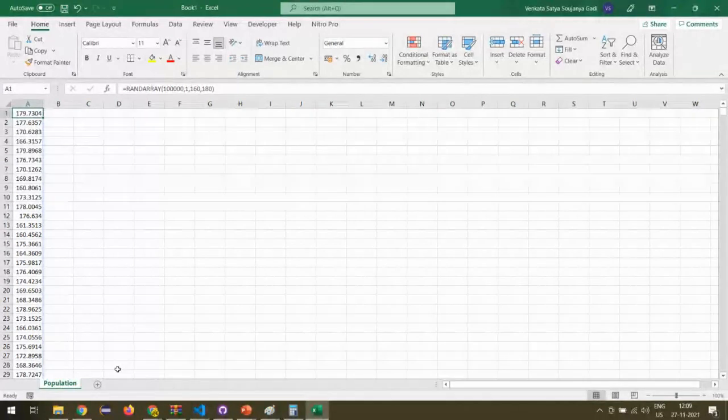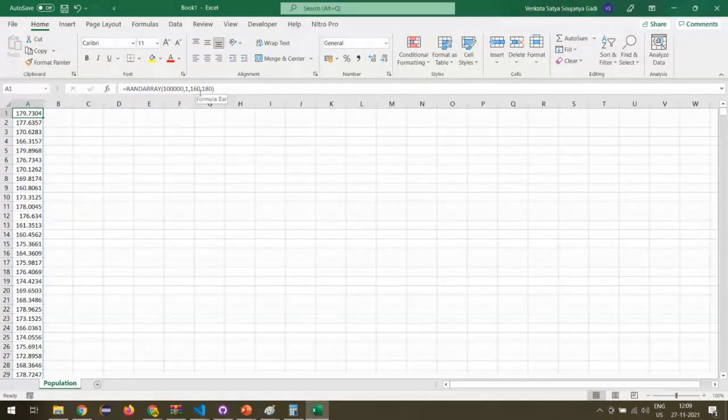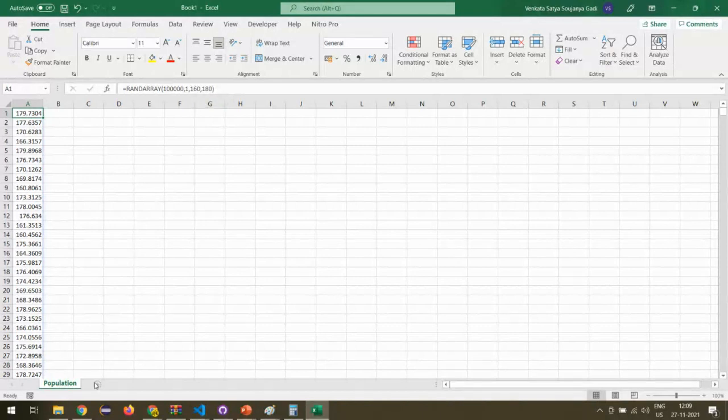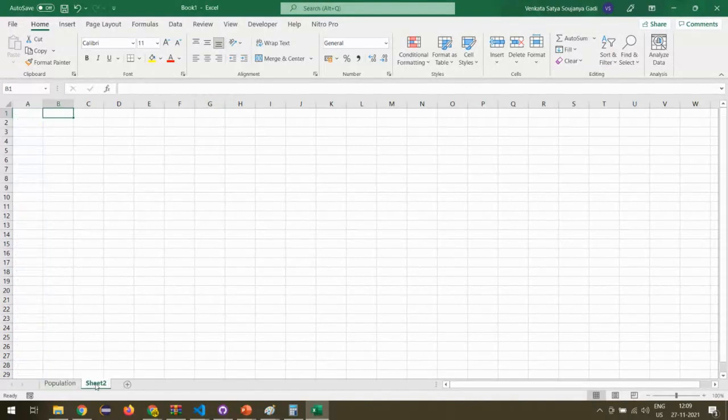Yes, now I can. Okay, so what it did is it generated a population of 100,000 people with heights between 160 to 180, right? So we take a sample.